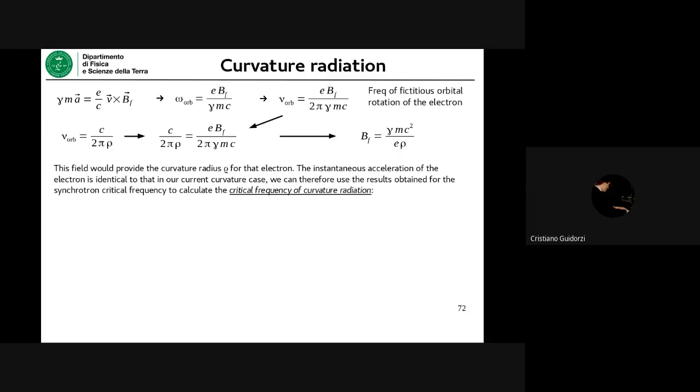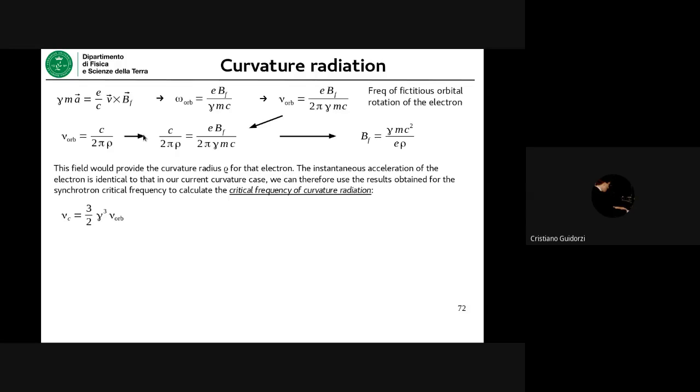You know that the acceleration is due to different causes, but you imagine the acceleration of the electron is due to this fictitious magnetic field, and the precise value that we come up with is just the value you would need to have that specific acceleration. So you can exploit everything.